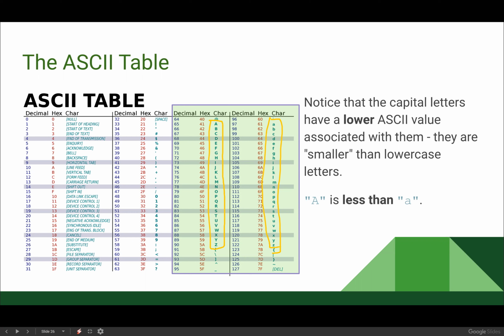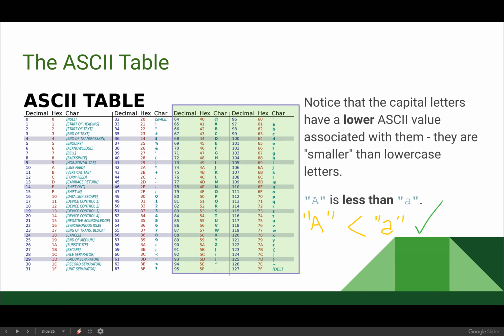Notice that the numbers associated with these letters, capital letters have smaller numbers than lowercase letters. So if I were to compare capital A less than lowercase a, that would be true.